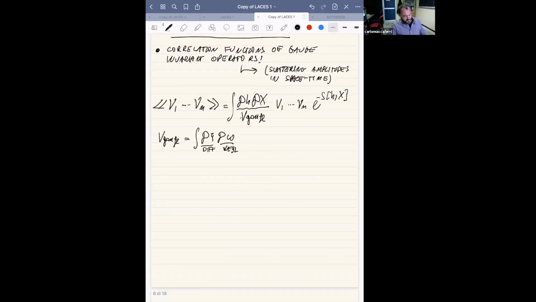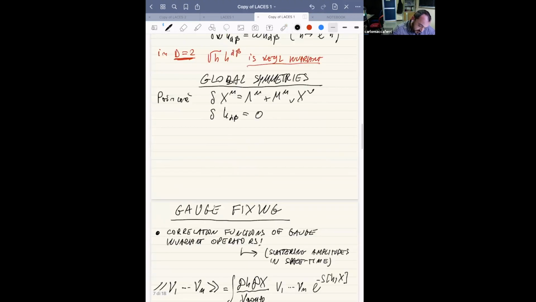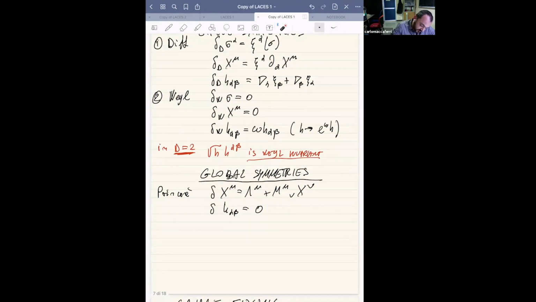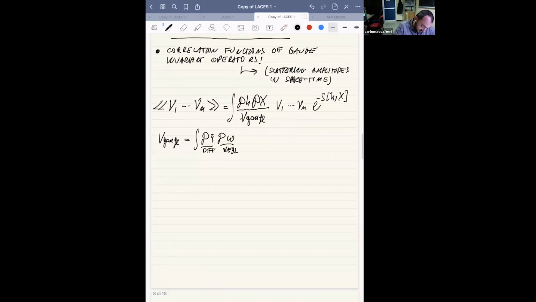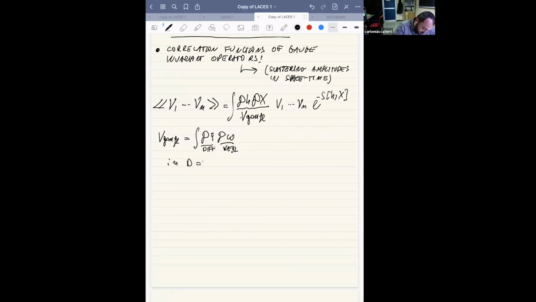So now, what is the strategy for doing this gauge fixing? It goes as follows. If we look here at the variation of the metric, this and this, together with the fact that in d equal to 2, h alpha beta has no propagating degrees of freedom, and this is because d minus 2 is equal to 0.